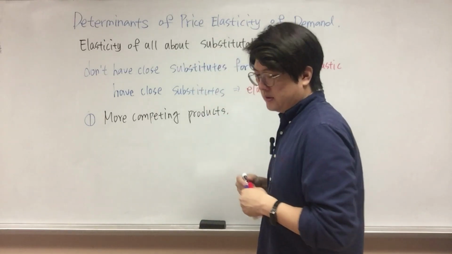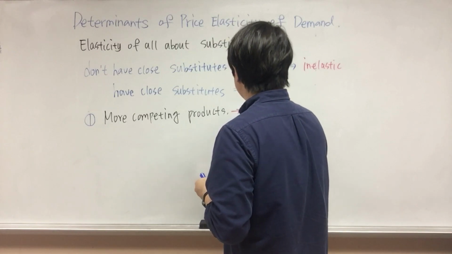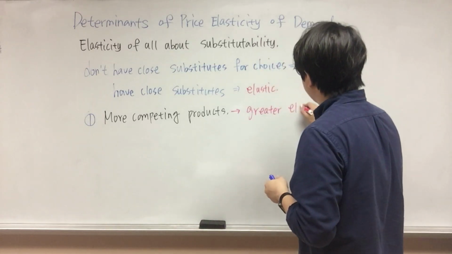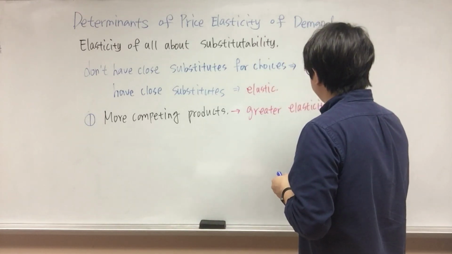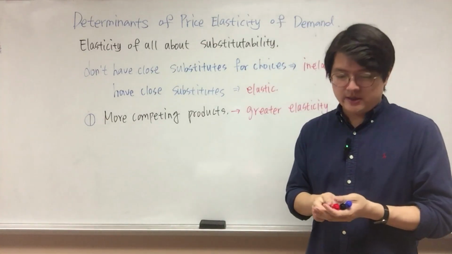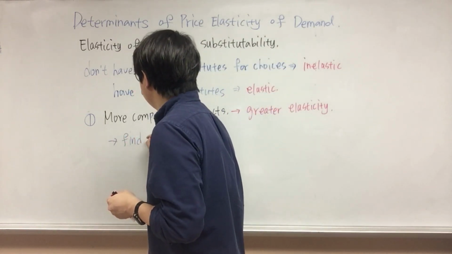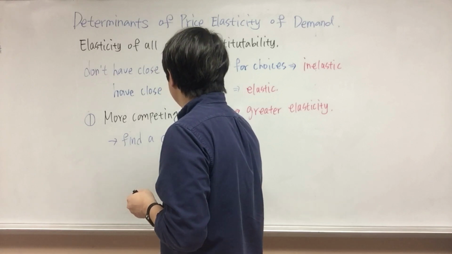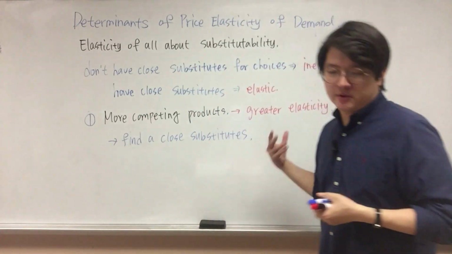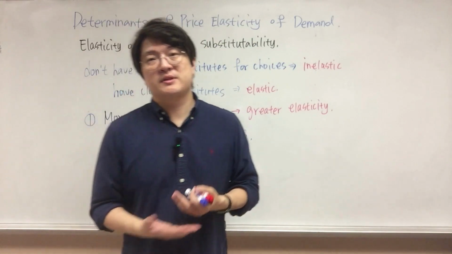In this case, you have greater elasticity, because you can find the closest substitutes, right? Consumers can choose the other products that much.